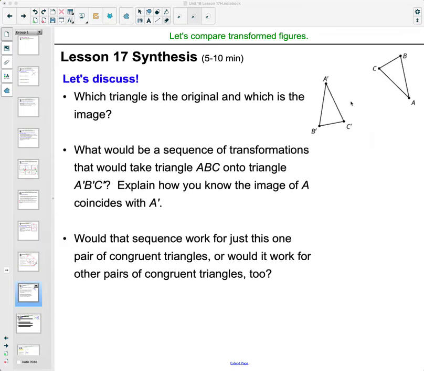So again, you have a bunch of different ways that you could come up with transformations here that would map. So maybe some type of rotation, finding some middle point that this is going to rotate around and figuring out that angle of rotation.